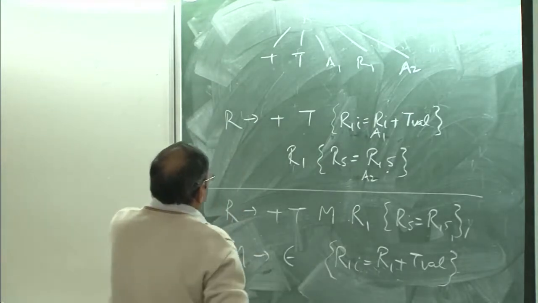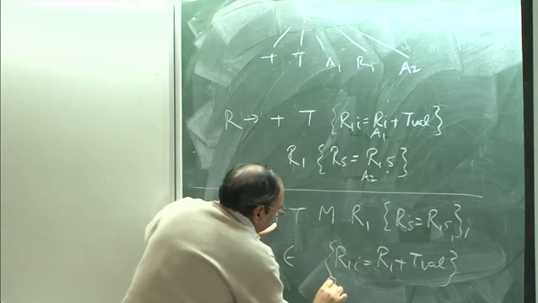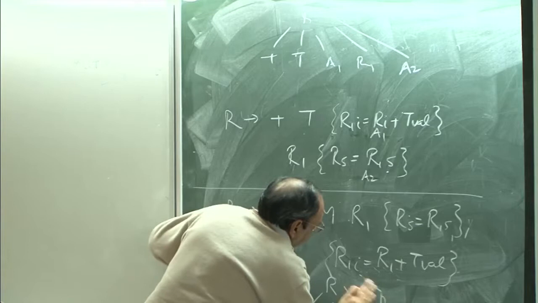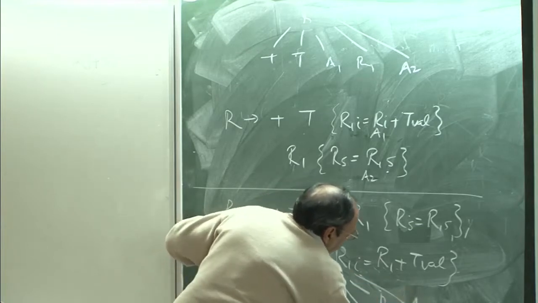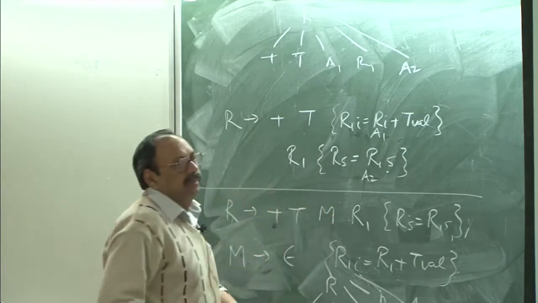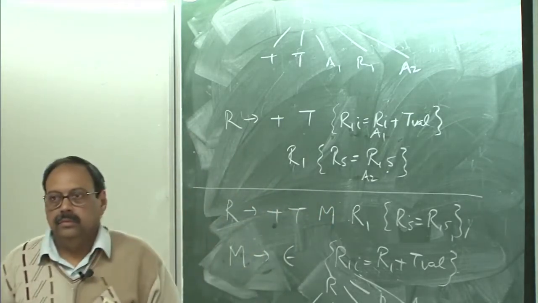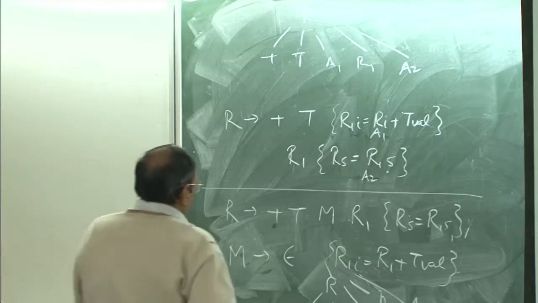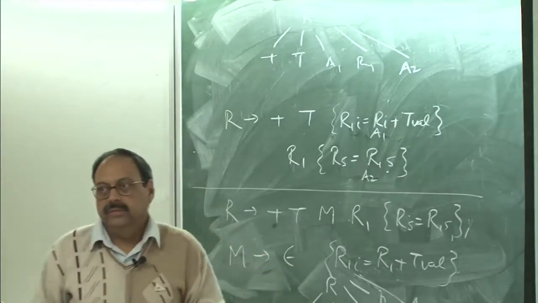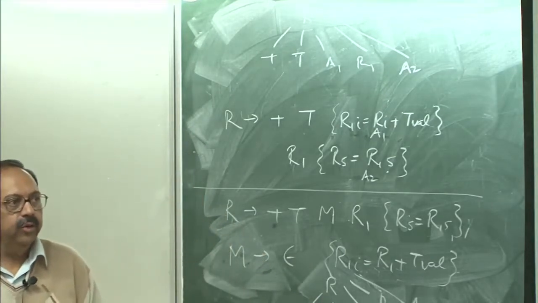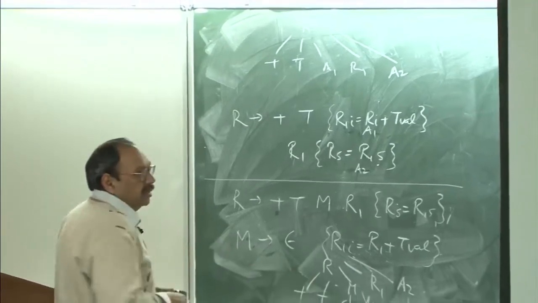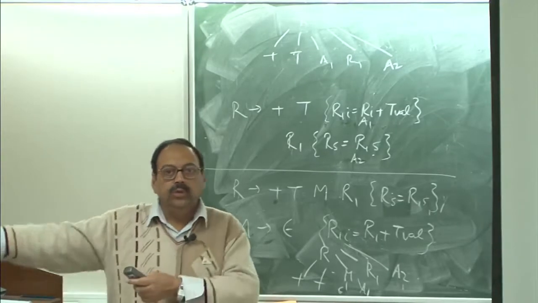Now, if I look at the parse tree corresponding to this, it gives me R goes to plus T M R1 action 2, and M goes to epsilon and action 1. If I just scan all the leaf nodes, is it going to give me the same string? Yes. So, all I need to do is, whenever I have embedded rules, introduce a marker and move the rule to the right hand side.